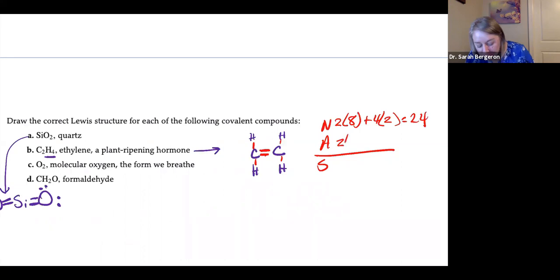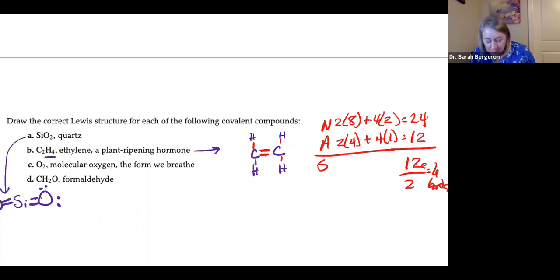We have 2 carbon atoms, and each carbon actually only has 4 electrons that can participate. Then we have hydrogen. Hydrogen has 1 electron each, so we have 4 hydrogens times 1. So that's 8 plus 4 is 12. So we have to share 12 electrons. Divide that by 2, that gives you 6 bonds. I'm running out of room, 6 bonds, right?